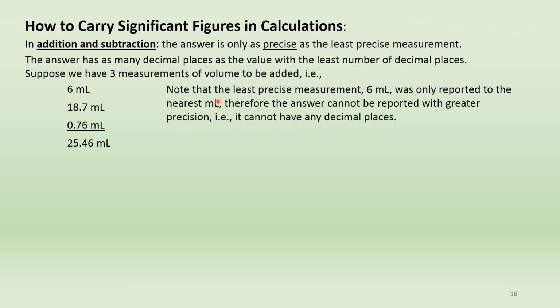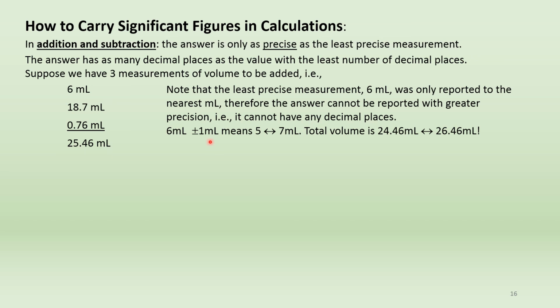Note that the least precise measurement in our group here is 6 mils. It's only reported to the nearest milliliter, that's plus or minus a mil. And therefore, the answer really can't be reported with any greater precision than that. It can't have any decimal places because neither does the 6. If you think about it, when we say 6 mils, we mean plus or minus a mil.